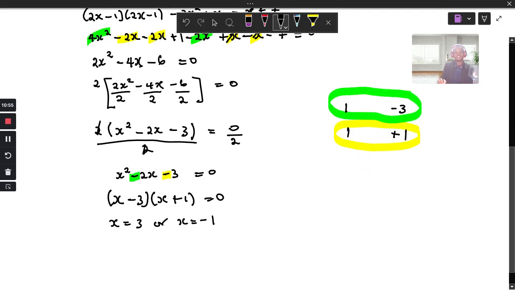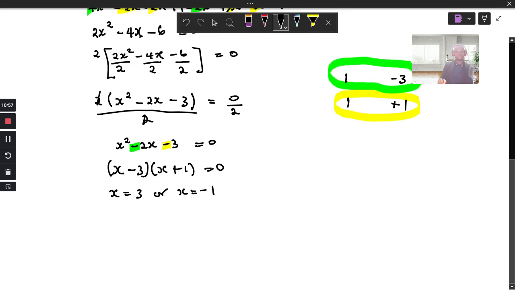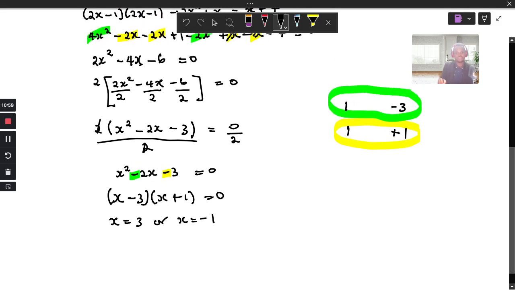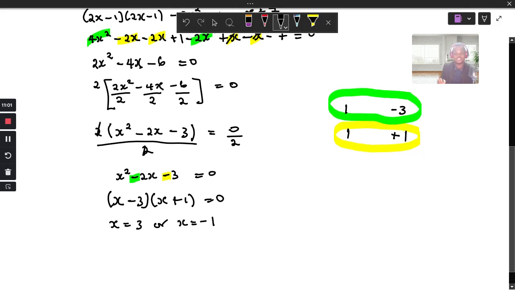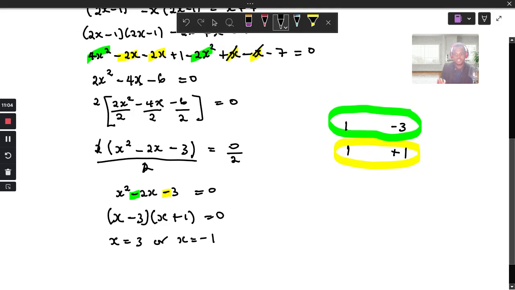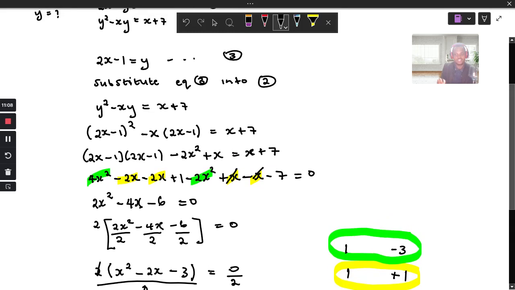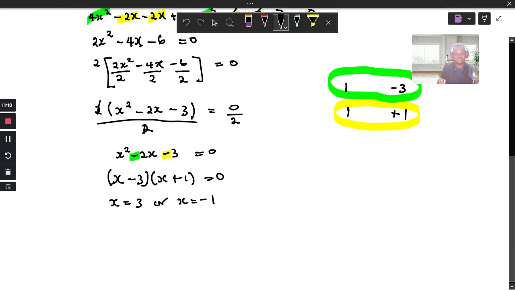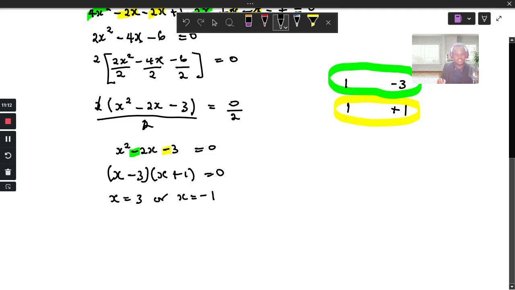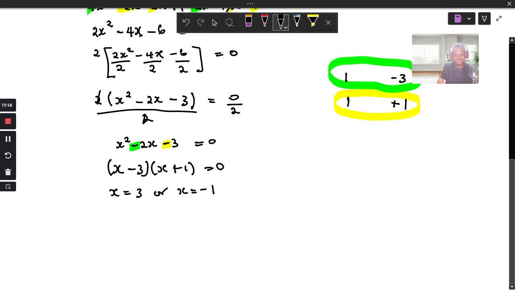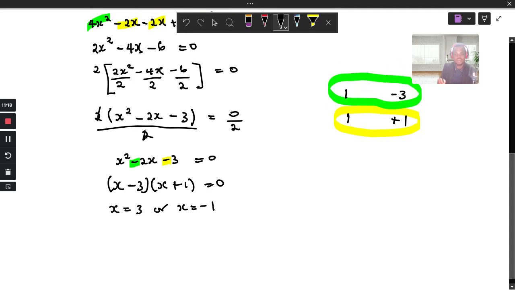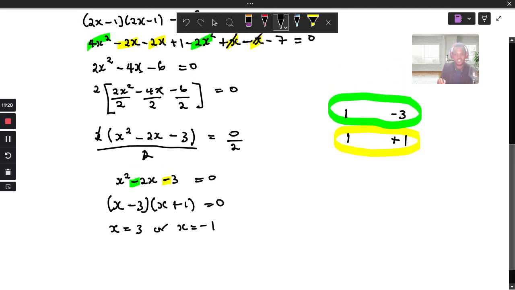So you managed to find the values of x. You now want to find the values of y because we are solving simultaneous equations, meaning you want two unknowns. You have y and x. So here are the two possible outcomes for x. x can be 3 or x can be minus 1, meaning there will be two possible outcomes also for y.